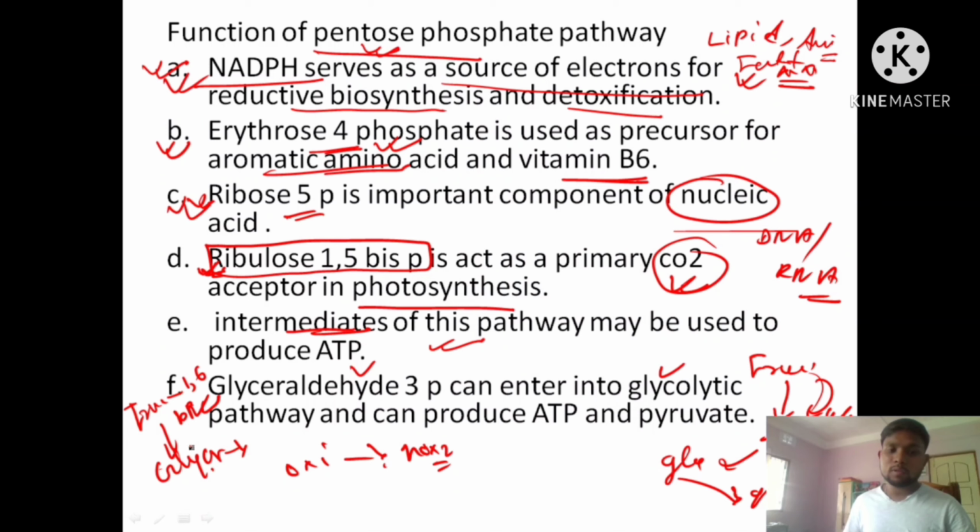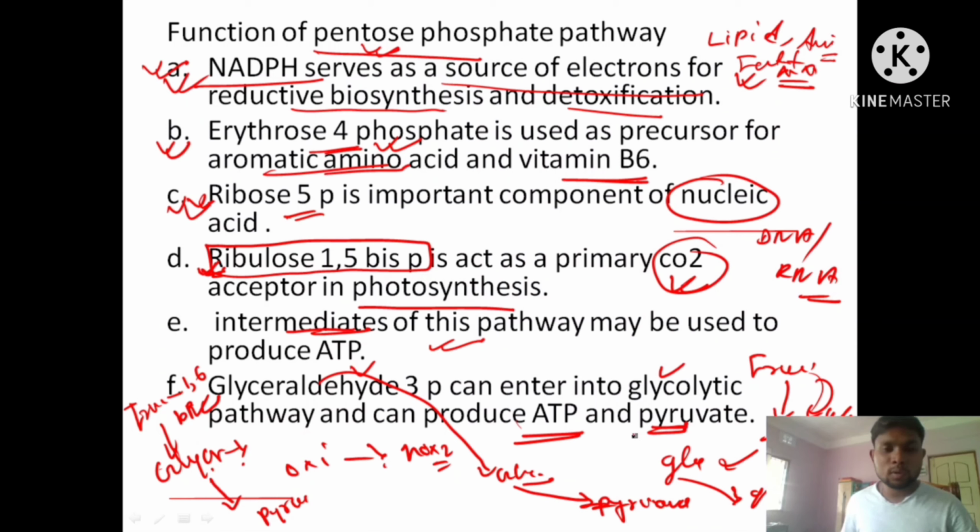So fructose 1,6-bisphosphate generates glyceraldehyde 3-phosphate, then glyceraldehyde 3-phosphate gives rise to pyruvate. So if we are getting glyceraldehyde 3-phosphate here in the pentose phosphate pathway, it can give rise to pyruvate easily. So this is also important for production of ATP as well as pyruvate. So this is the end of the pentose phosphate pathway.